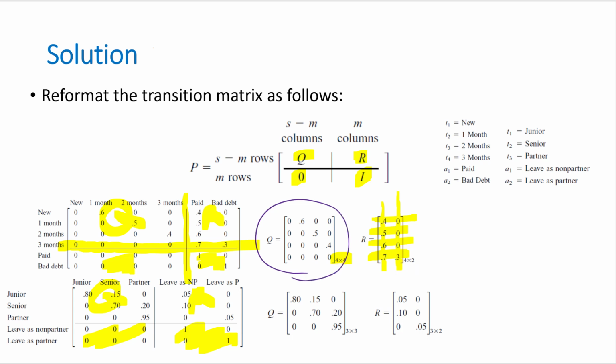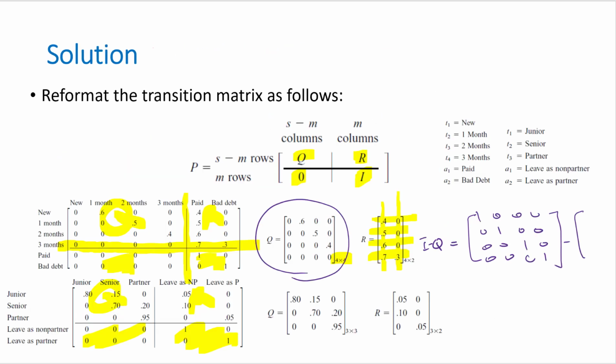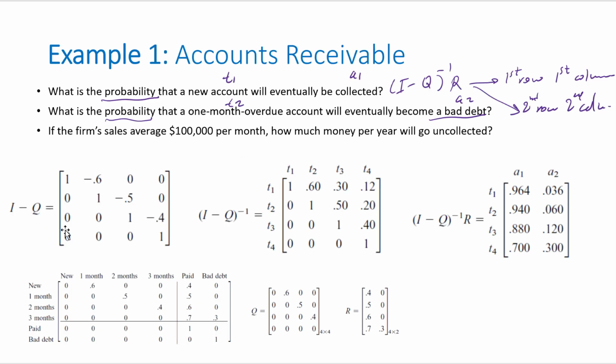So I minus that basically means find the identity matrix of size 4 by 4, minus Q. If you do the calculation, you will get this new matrix, I minus Q, on the left.